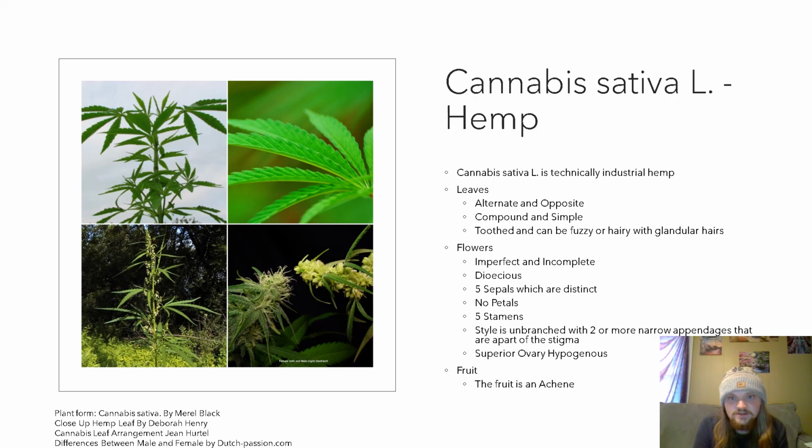They're dioecious, and there are five sepals, which are distinct, no petals, five stamens, and the style is branched with two or more narrow appendages that are part of the stigma, and there's a superior ovary. You can see the fruits on the bottom right image, and to the left is the female fruit or flower, but it's more so the fruit, and on the right, you can see the male flower or fruit, and the fruit itself is an achene.